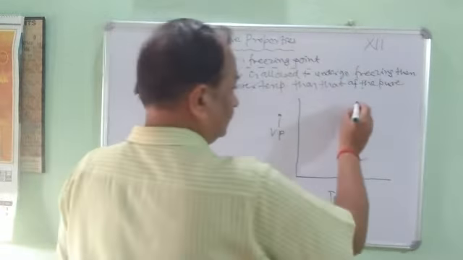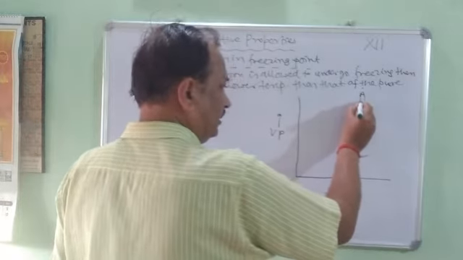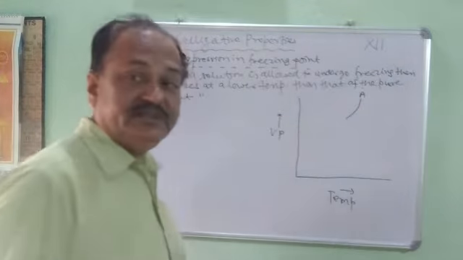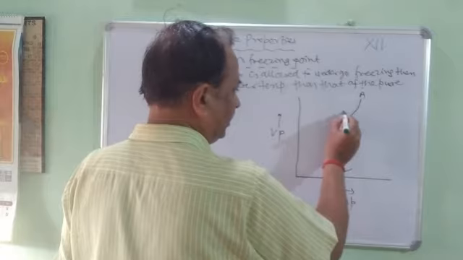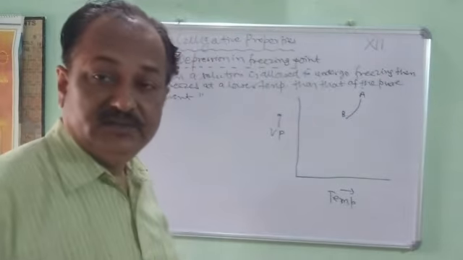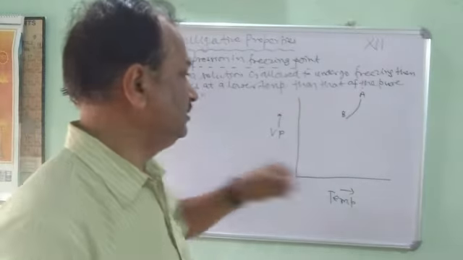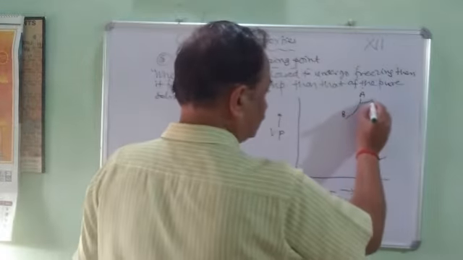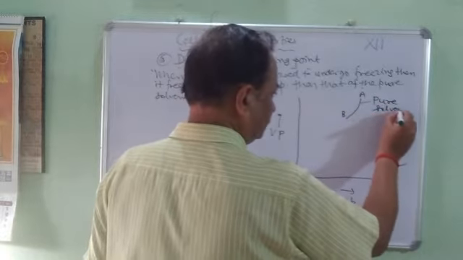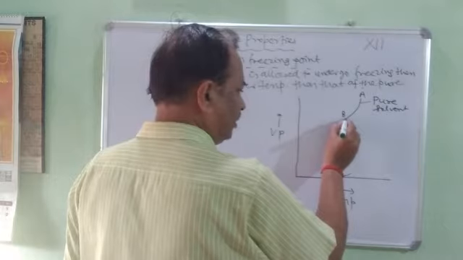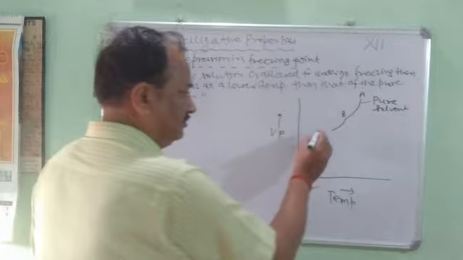Let the point be A. The solution is undergoing change in temperature. So this is the point B. At point B, there is the freezing of the pure solvent. Then at point B it freezes, and so we draw here B to C.